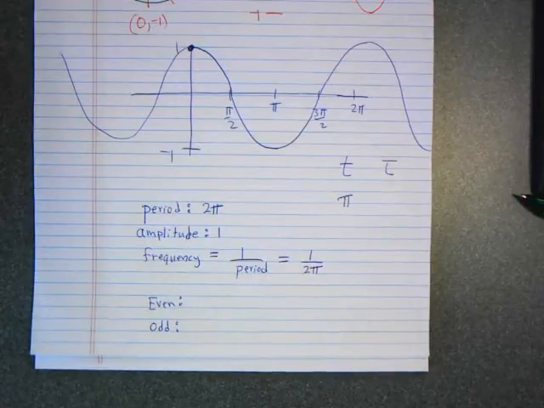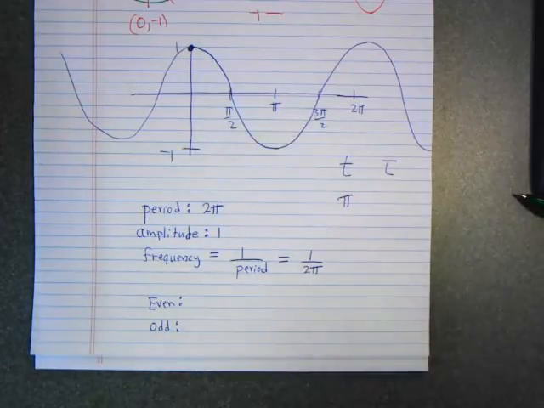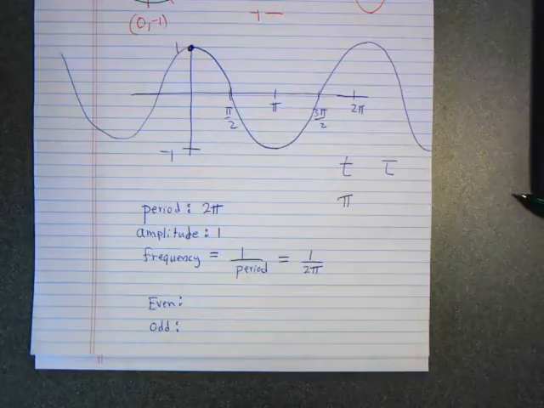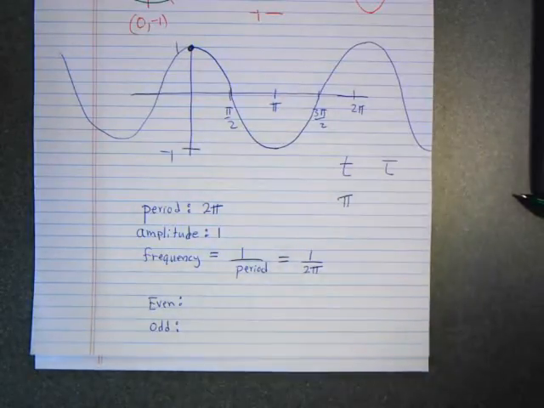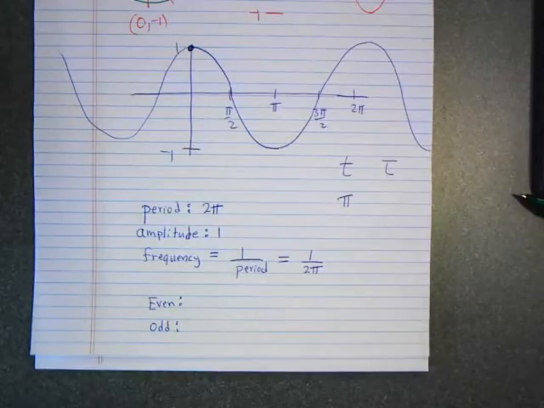Okay, if you're dealing with polynomials, it was very easy to talk about even and odd functions. What was an even function if you had a polynomial? All the powers were even, like x squared plus x to the 4th would be an even function. And what were odd functions? The opposite, all the powers were odds. That's correct. When you graph even and odd functions, there was a property.